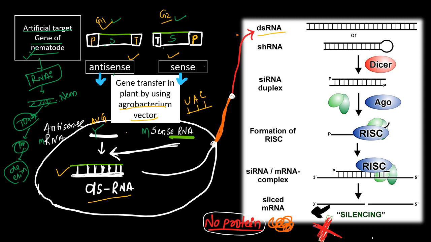This double-stranded RNA is then cut by an enzyme known as Dicer.